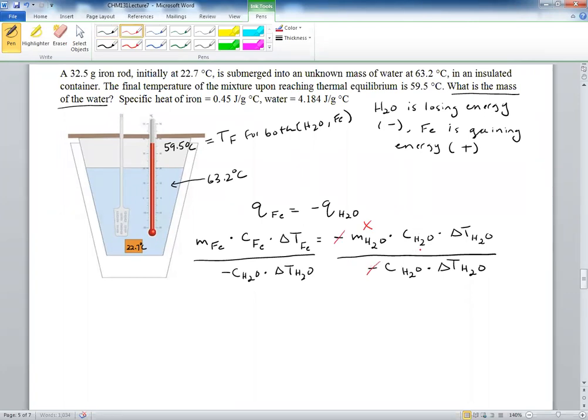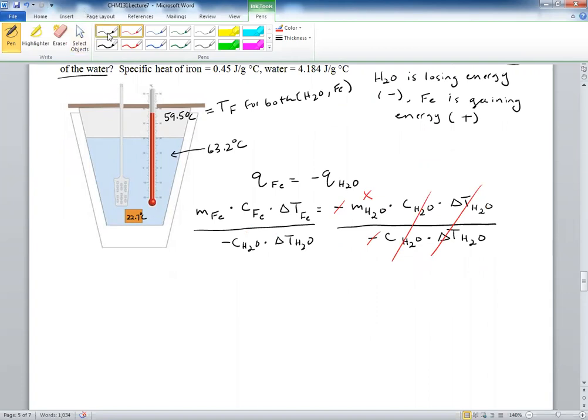So the negative cancels out, and then all these terms cancel out. So you're left with M of H2O equals M of Fe, C of Fe, delta T of Fe over negative C of H2O delta T of H2O. Of course, the negative can go on the top as well, but I'm just being consistent here.